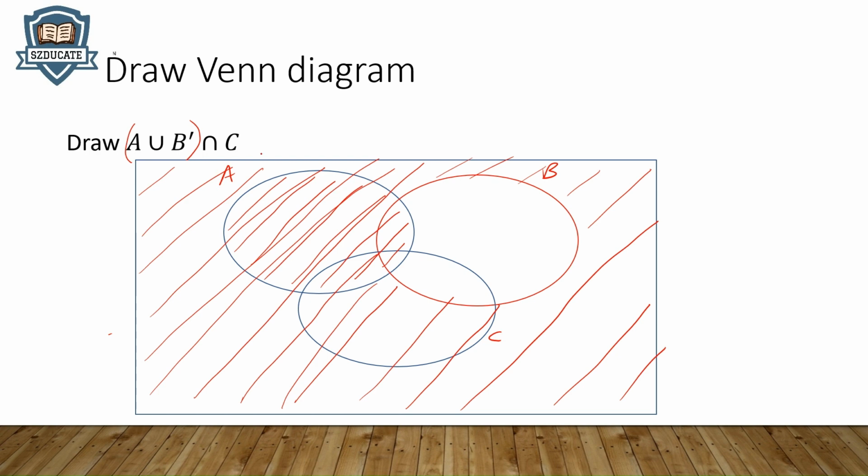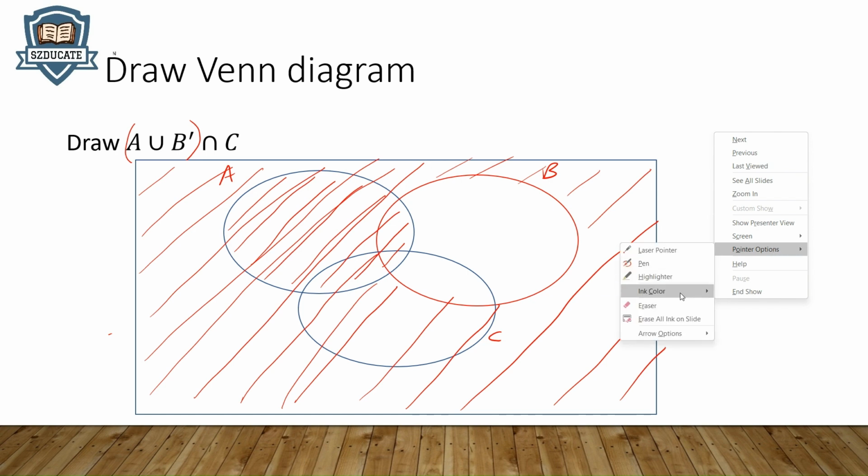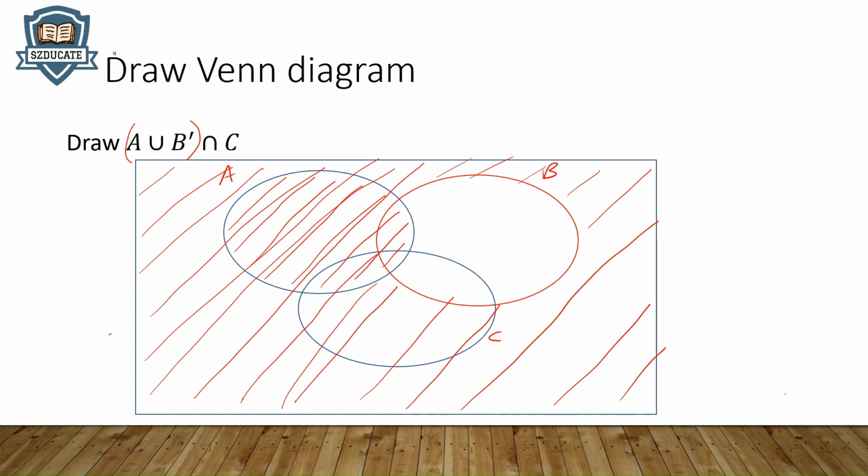And then I want to intersect with C. For C, I'm going to use a different color. Let's use green. I'm going to shade C in the opposite way with a different color, because it's an intersect. I need to see which part has been double shaded. Can you see that it is this part here? Maybe I should use a black color this time.